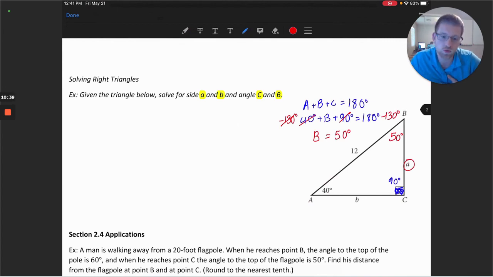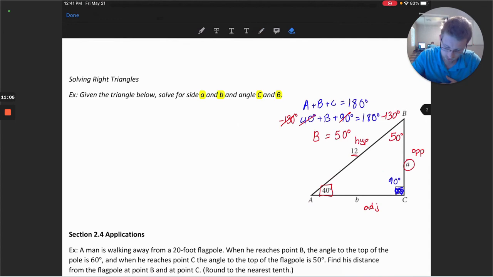And for this, we'll just use the sine function. So if I take a look at the angle 40 degrees, that's the one that we started with, I know that the sine of this angle, that ratio would be my opposite, that's A, and the hypotenuse. So if we call this the opposite, this is the adjacent, and this is the hypotenuse.